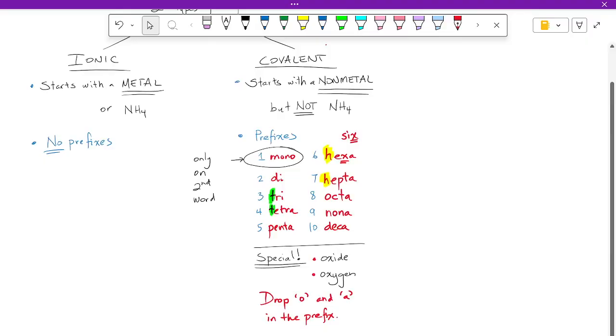So quiz 1 was all ionic. Quiz 2 is all covalent. Quiz 3 is a mixture of both.